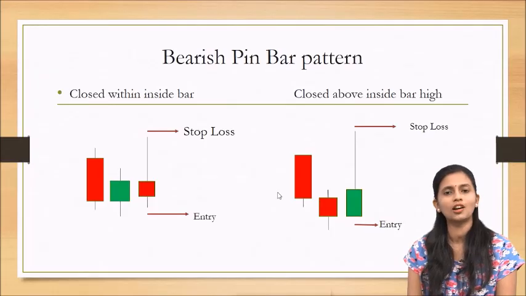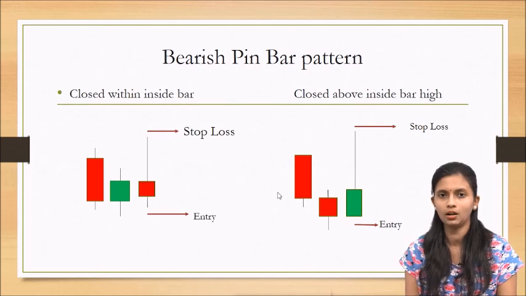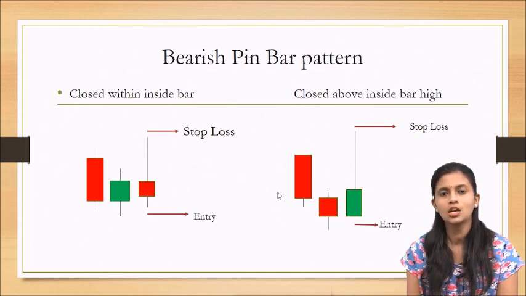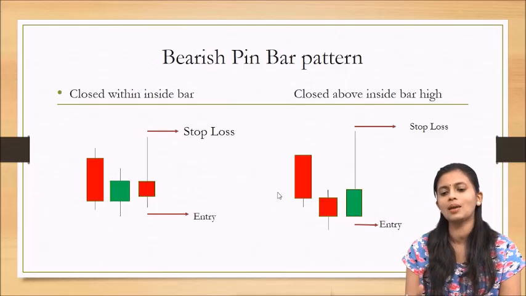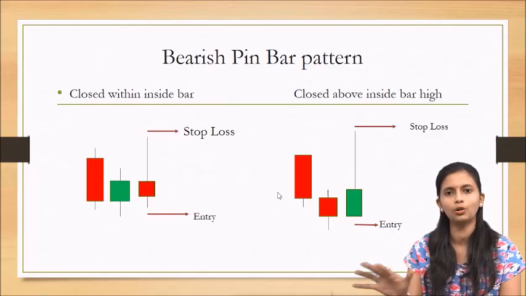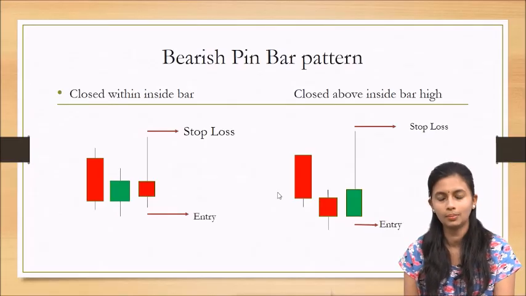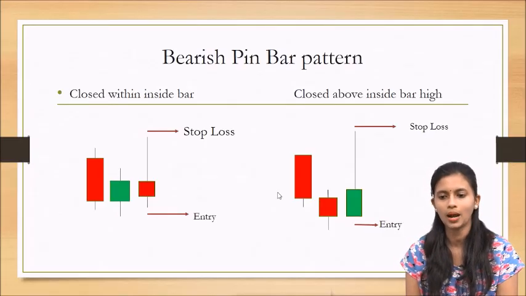So you can check out my YouTube video wherein I have described some strategies regarding pivot and camarilla and all these things. In these strategies, when you apply these indicators, you will get some support lines and some resistance lines. So these types of patterns usually form in such places, that is, wherein the support line or horizontal line is formed. Other than that, in double top, double bottom patterns, you can find these patterns.